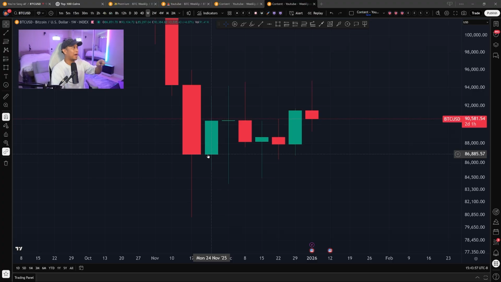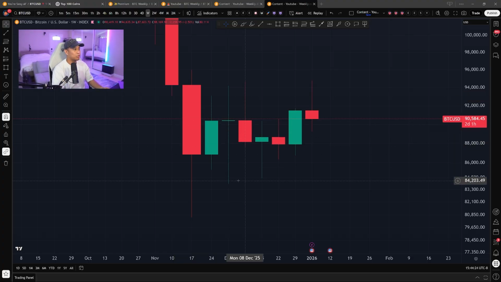It opened at, and I'm looking up here at this part of the screen, let's see if I can get it. So it opened at essentially 86,838, and then it closed at around 90,383. So as long as at the end of the week price closes over, it's going to be green.